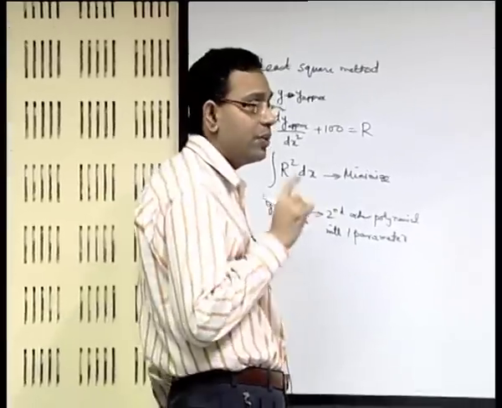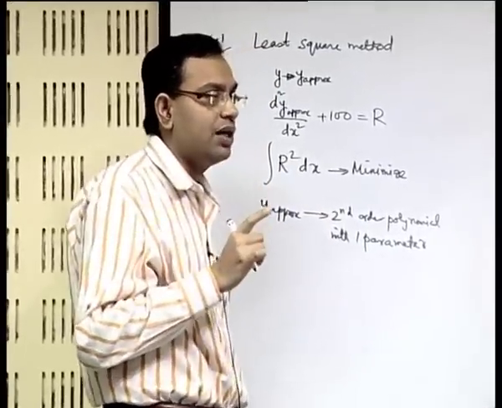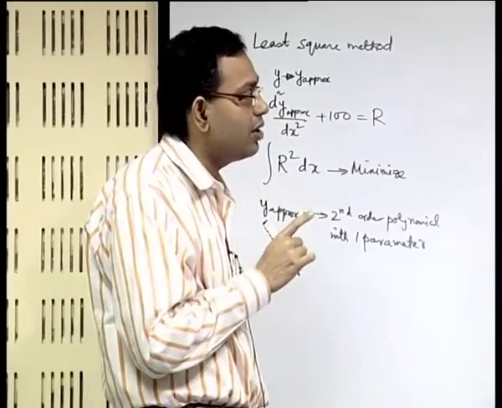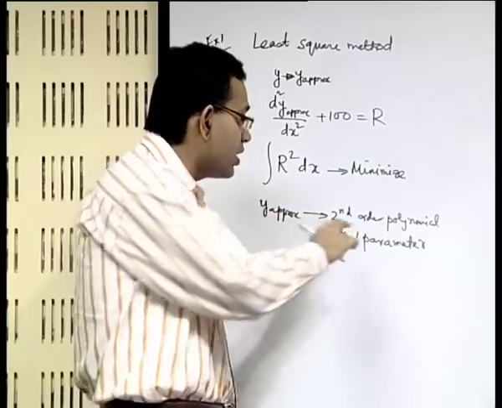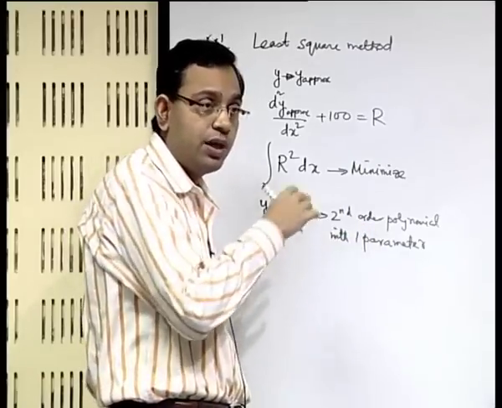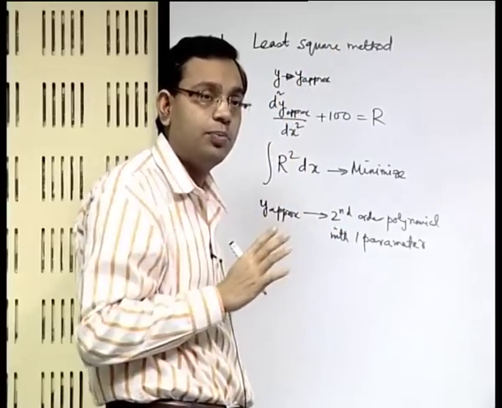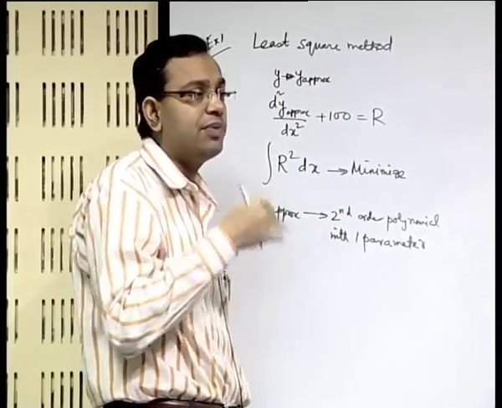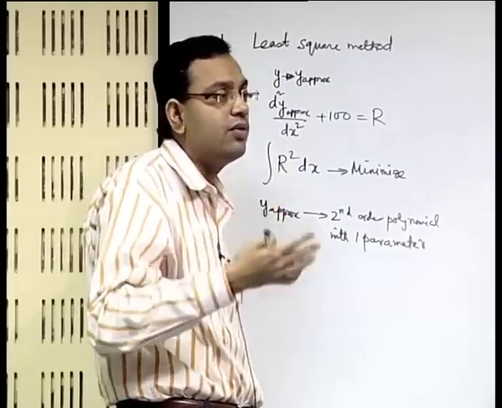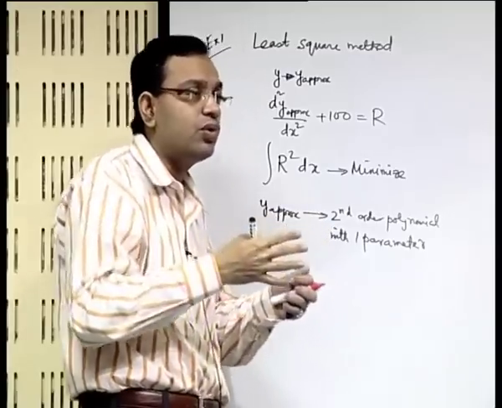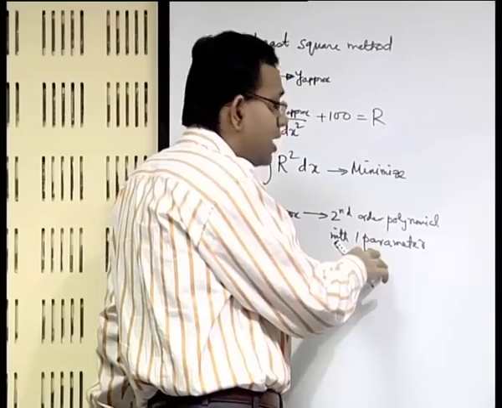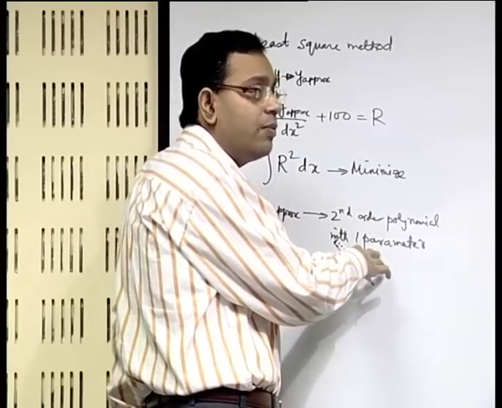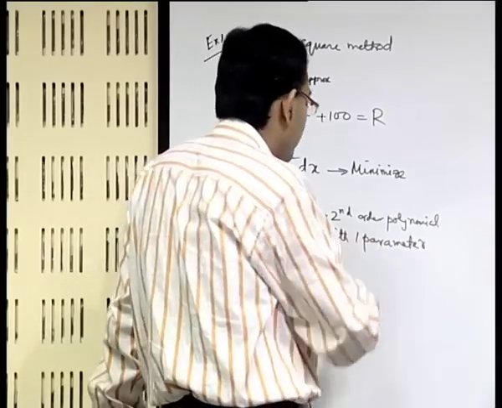That means it should be a polynomial of such type that at x equal to 0 it should be 0 and at x equal to 10 it should be 0, and it is a second order polynomial by our choice. Remember, you could also choose higher order or lower order polynomials, and the general expectation is that higher order polynomials will give you less error because you have considered more number of terms, and with one parameter means there will be one unknown parameter which you are interested to find out.